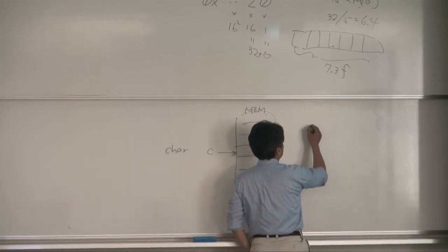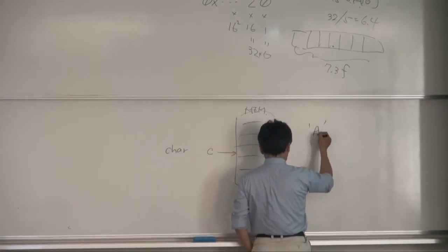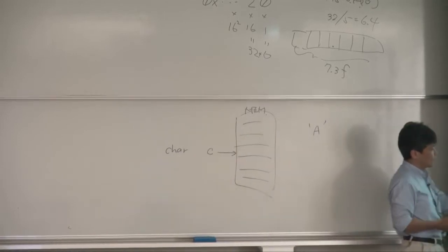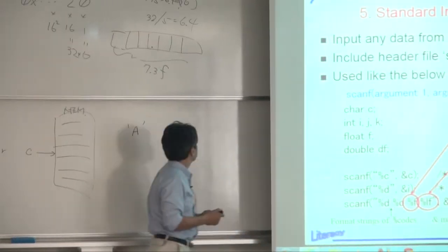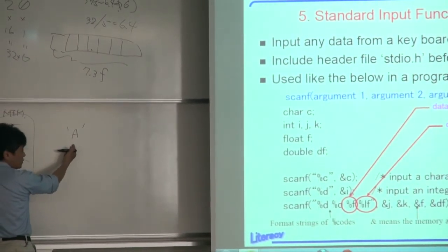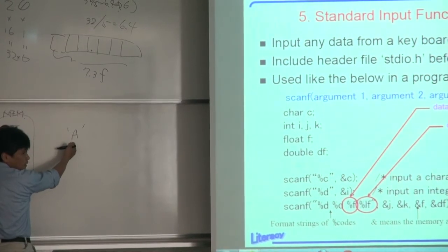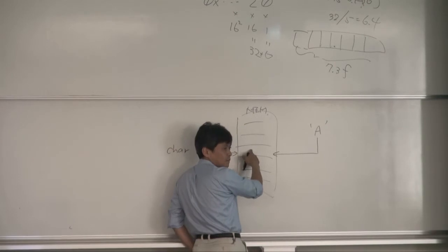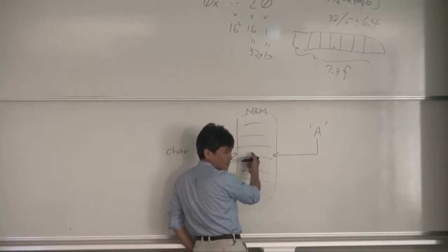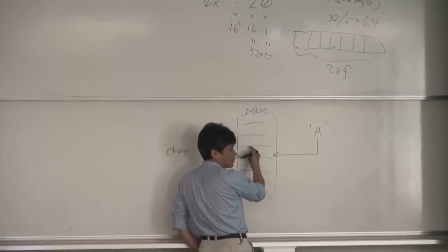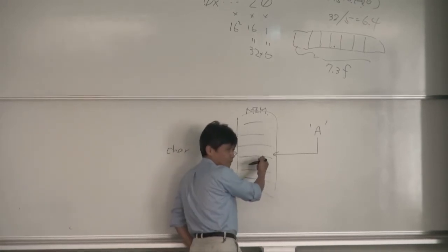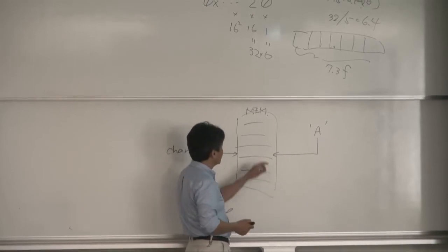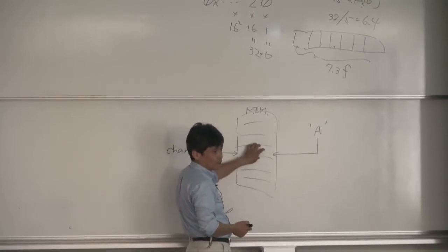If you enter capital A using the scanf function, this literal, in this case the character A, should be stored inside this box. For doing this, the program has to know the location of these variables.